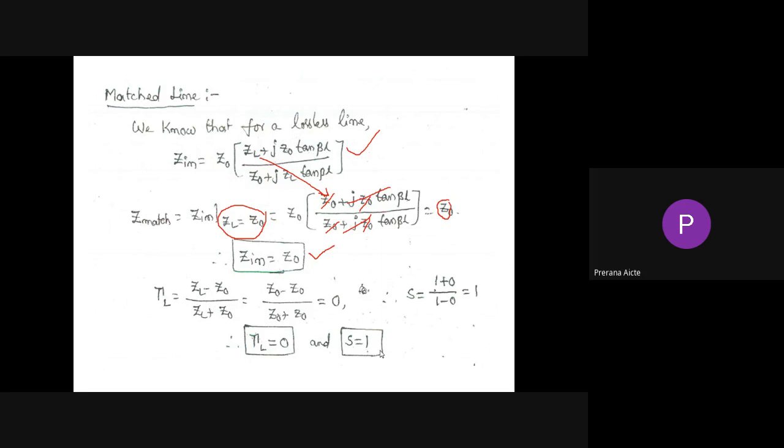Therefore, the load impedance is equal to the output impedance for a matched line, and the corresponding input impedance is equal to Z naught. Therefore, for a matched transmission line, the reflection coefficient is equal to 0 and the standing wave ratio is equal to 1. Next class we can go for Smith charts.